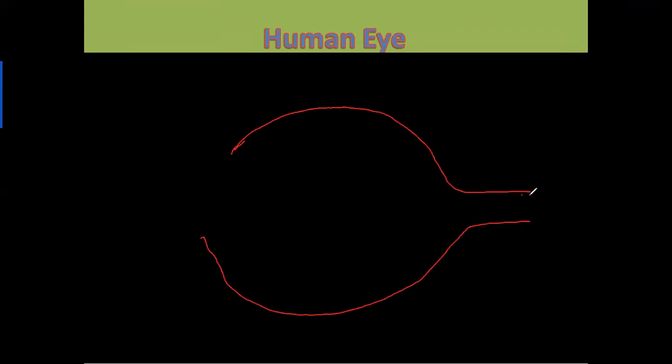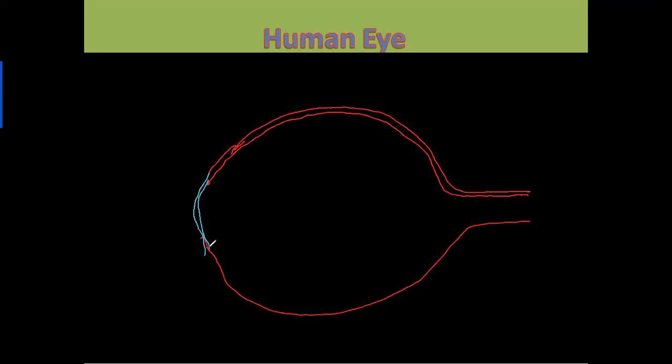From the front of this eye, the sclerotic layer becomes transparent, and for that we say cornea. This becomes transparent and becomes the cornea.